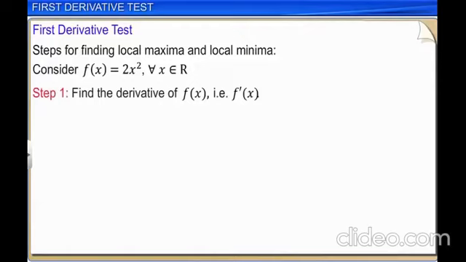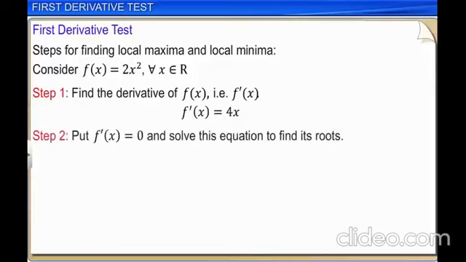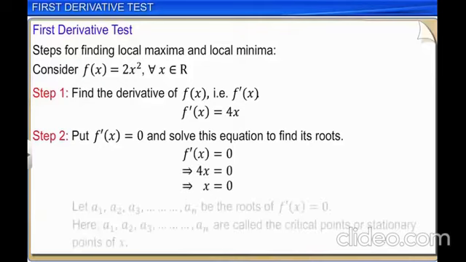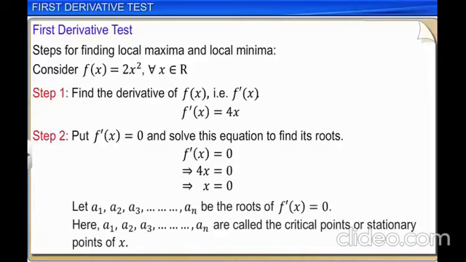The derivative of f of x with respect to x is equal to 4x. After finding the derivative, we equate it to 0 and solve it for the roots of f dash x equal to 0. On equating the derivative to 0, we get only one root, and that is x equals 0. The roots so obtained are known as the critical points or stationary points of f.